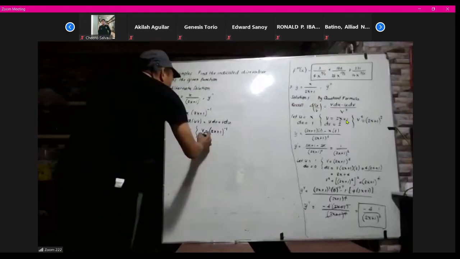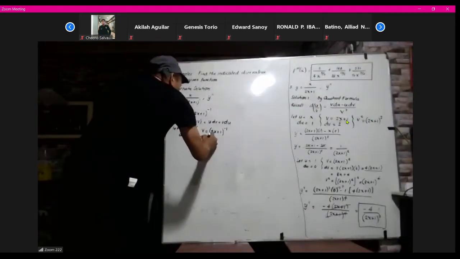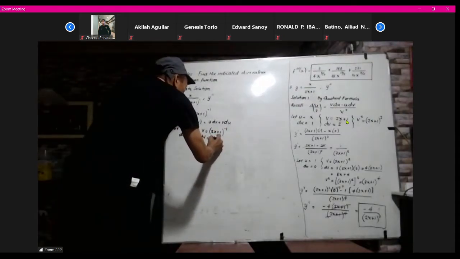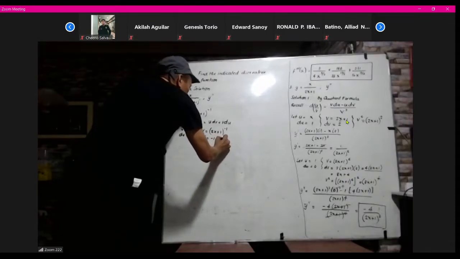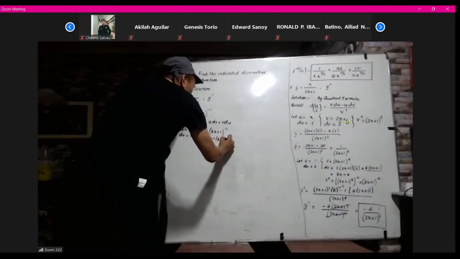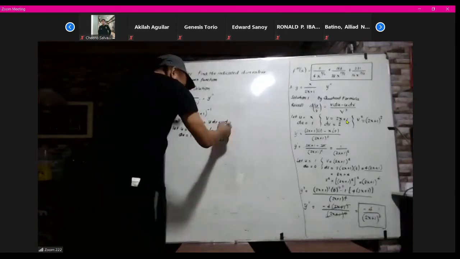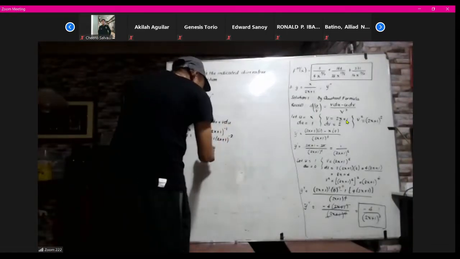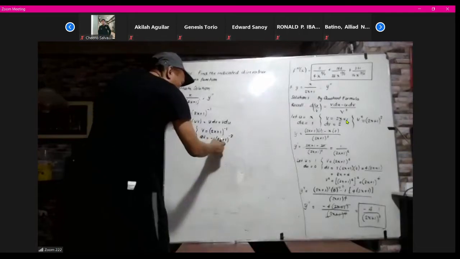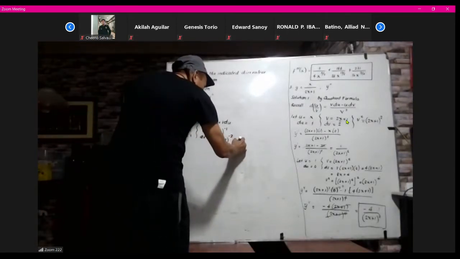Okay? Derivative natin ng v is equal to negative 1 times 2x plus 1, then negative 1 minus 1, negative 2. Derivative ng 2x plus 1 is equal to 2. Okay?